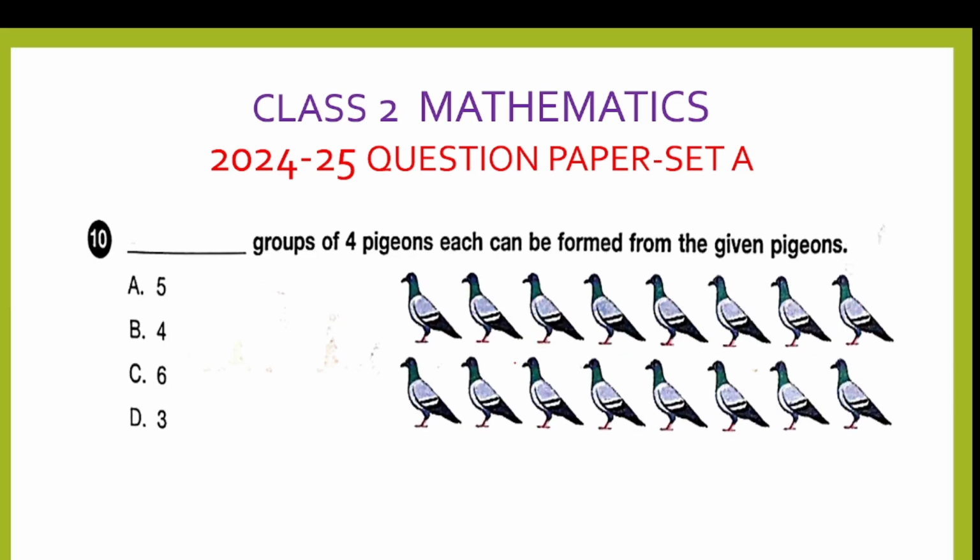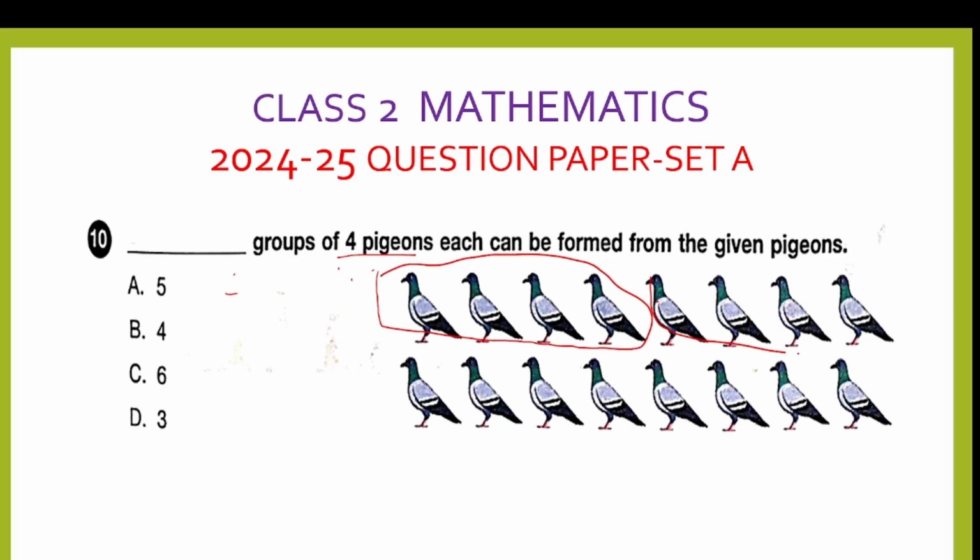Next question. Dash dash groups of 4 pigeons each can be formed from the given pigeons. So we have to find out how many groups of 4 pigeons can be formed from the given pigeons. Let's make a group of 4 pigeons. So this is 1, 2, 3, and 4 pigeons.